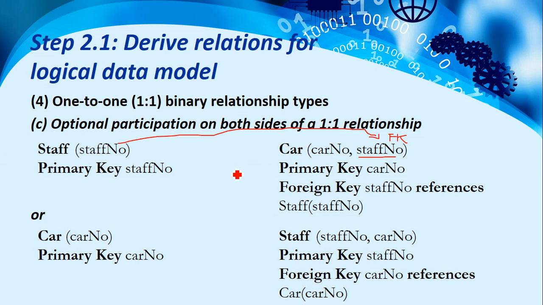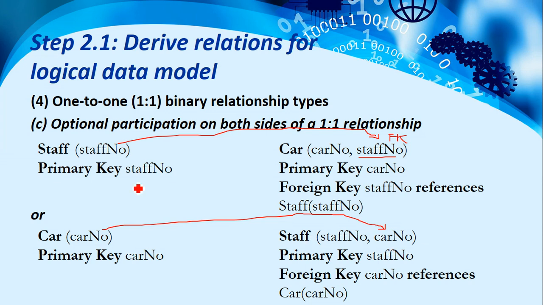And kung babalik na tayo, in which case yung car na yung parent, yung staff yung child entity, so that is why yung primary key ni car number yung gagawin nating foreign key for the staff. So, ayan.